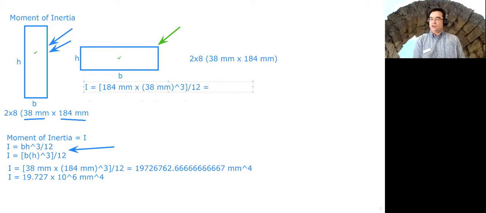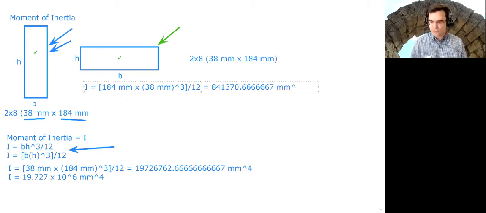So we're going to do this together live in real time. 184 times 38 cubed. All of this divided by 12. All right, big number, but it's smaller than the previous one, huh? I get this number, 841,370.6666666 period, right?